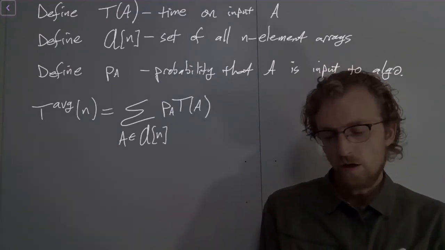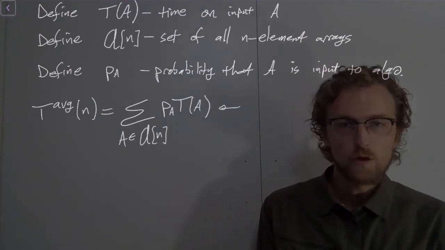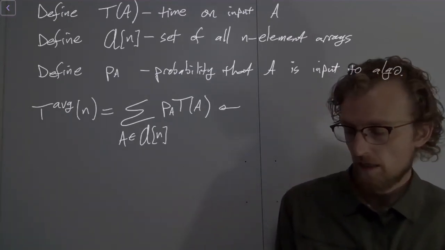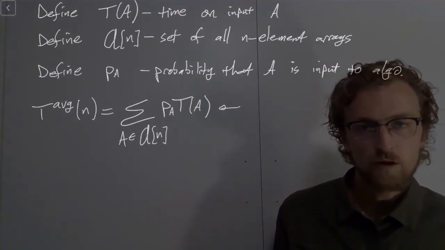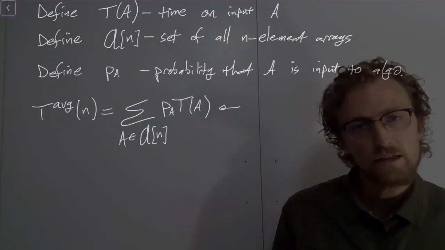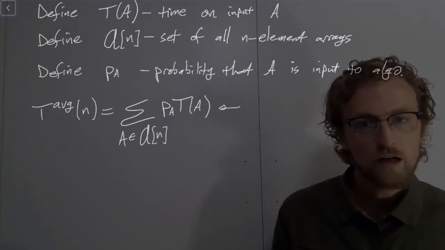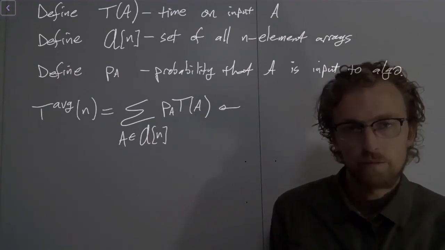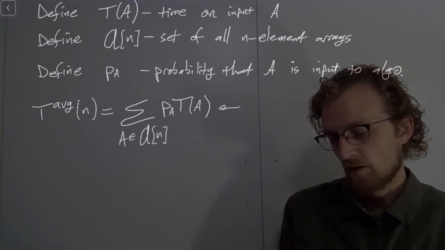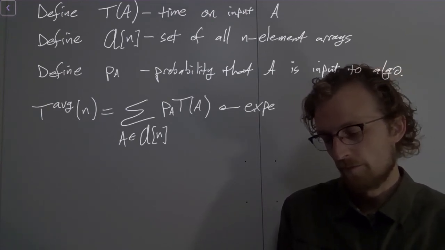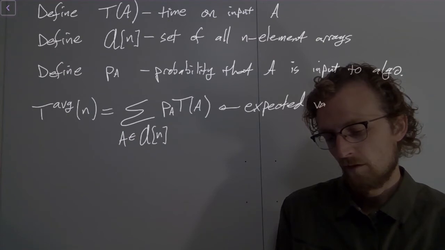In math terms, I'm literally saying the average case running time for input n is the expected value of the running time of the algorithm on a random input.